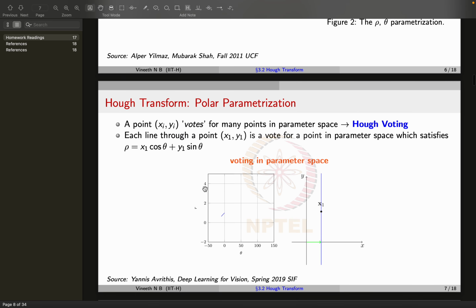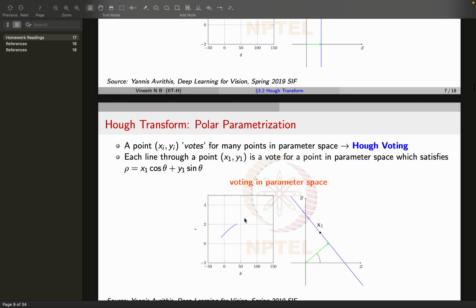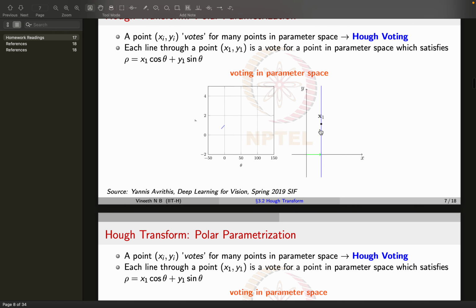So we go from the coordinate space to the parameter space. This is my coordinate space and this is my parameter space. When I take a point x1 in my coordinate space, there can be an infinite number of lines that pass through the point, right? Horizontal, vertical, I can draw any number of lines that pass through this point.